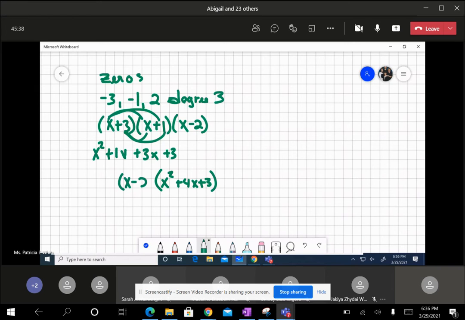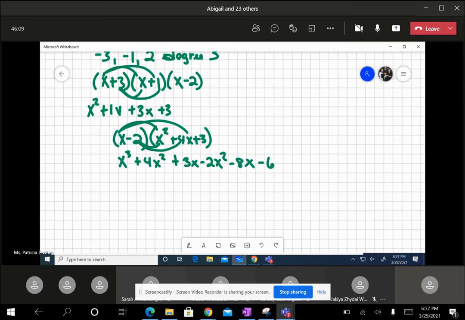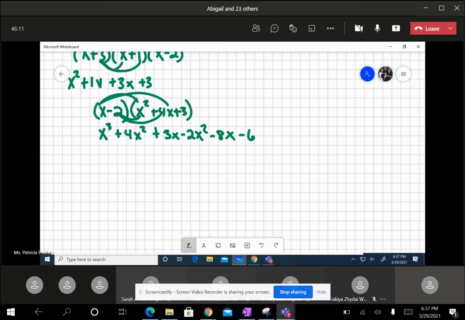And then I have to multiply that by that x minus 2. And that's going to give me x to the third plus 4x squared plus 3x minus 2x squared minus 8x minus 6. Clean that up some more.